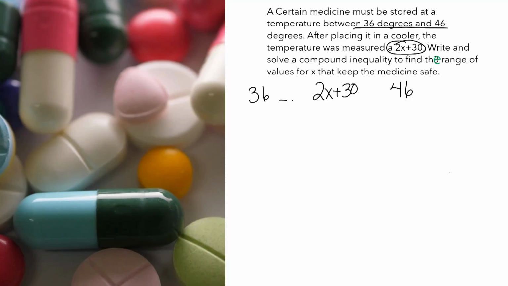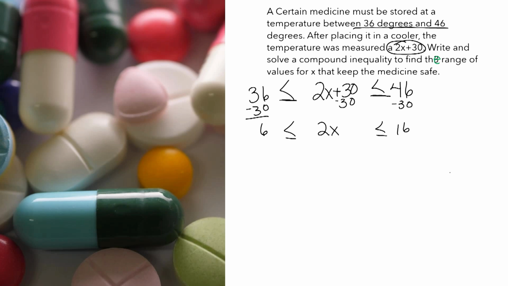Now, it can equal 36 and it can equal 46, but compared to 36, it can also be bigger, or compared to 46, it can be smaller. So what I'm going to do is get that variable by itself by subtracting 30 on both sides. So I have 6, 2x, and 16.